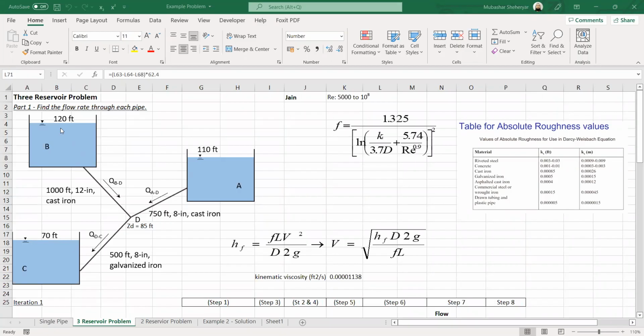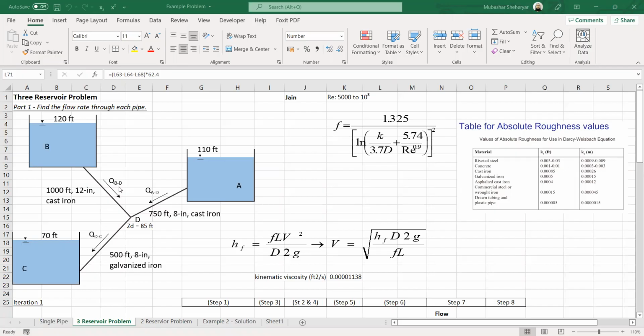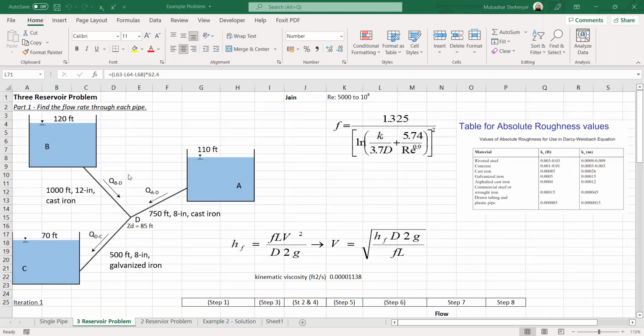For B, it is about 120 feet. For A, it is about 110 feet, and for C, it is about 70 feet. The parameters of each pipe are also provided to us. The requirement of this question is to calculate the pressure head or the pressure at point D, and the elevation is given to us. Based on the given information, we will calculate the pressure at D.